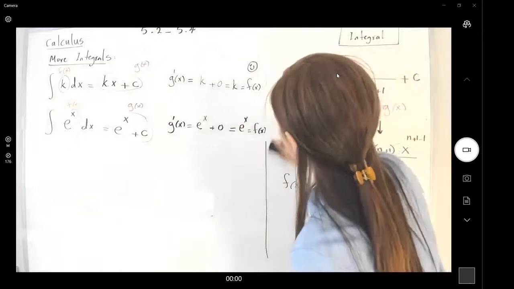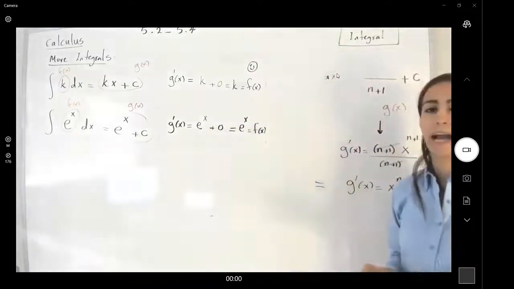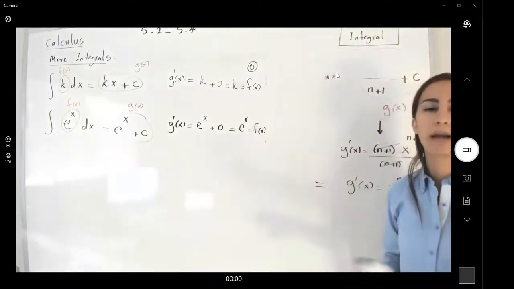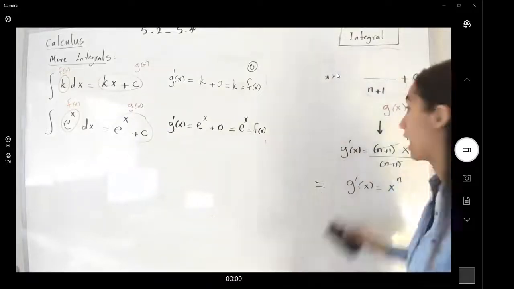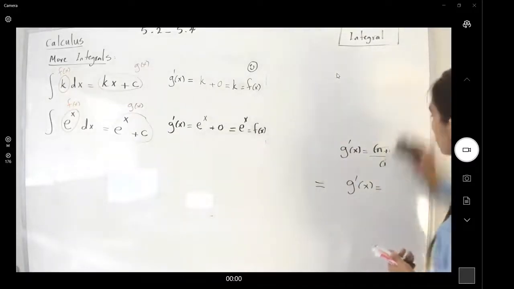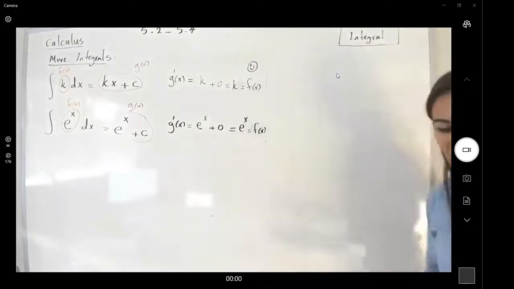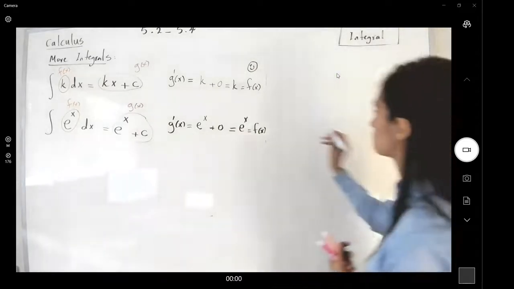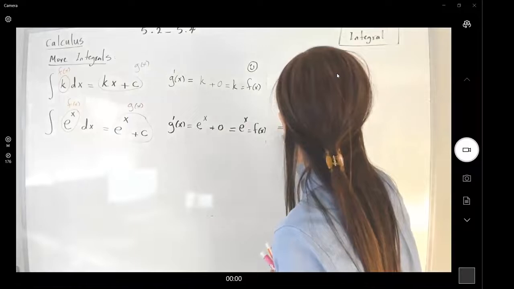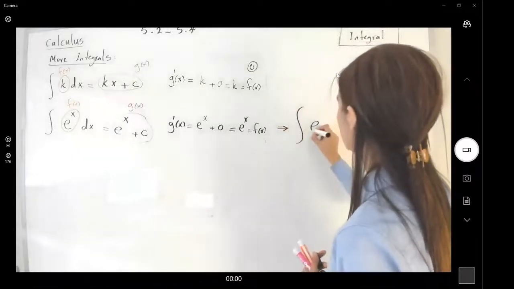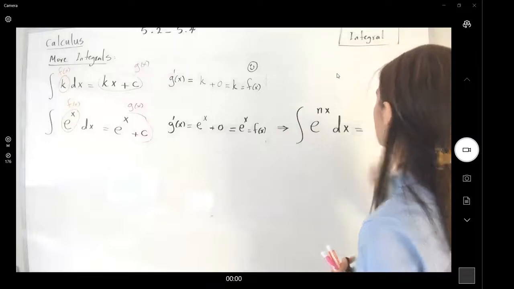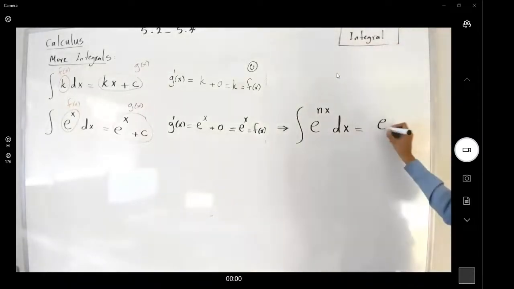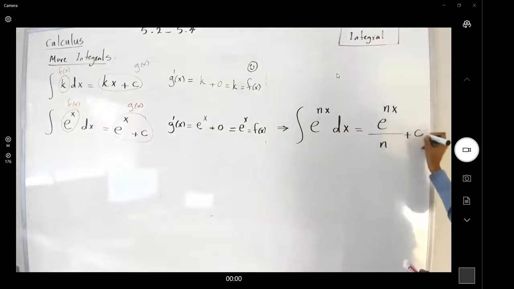Now I expect you to ask, what if I have the integral of e to 2x? What if I have the integral of e to 5x? What if I have a number multiplied by the exponent? Do we have a general formula for that? So in general, we can say that the integral of e raised to nx dx is equal to e to nx divided by n plus a constant.